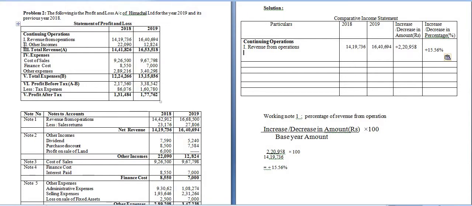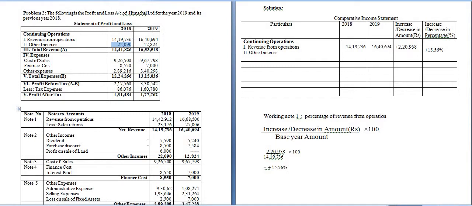Now next after revenue from operations is other incomes. How much is other incomes? 22,090 rupees in the year 2018.